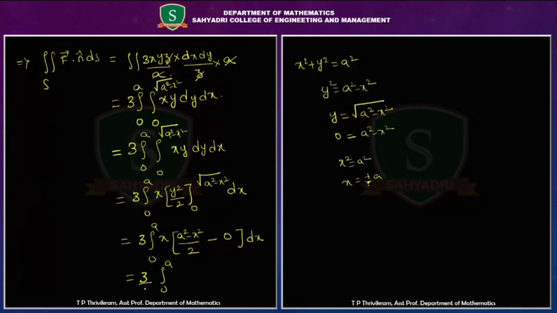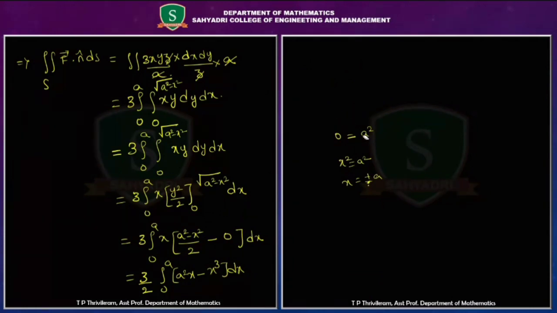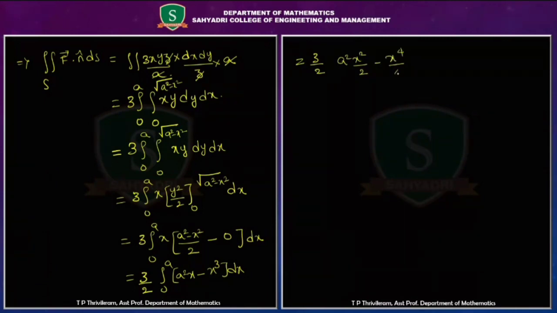So 3 by 2 I take outside: a square x square by 2 minus x power 4 by 4, with limits from 0 to a.